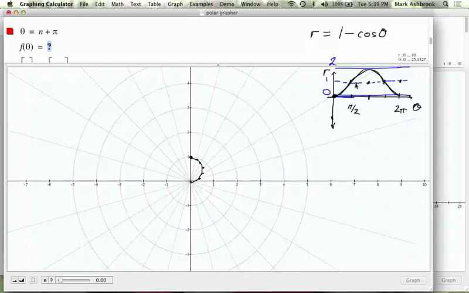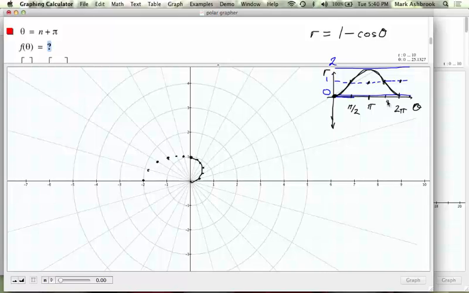But then what about from pi over 2 to pi? It keeps increasing. R keeps increasing up to 2. So with each radial line, R is increasing out to 2 when we get to pi.